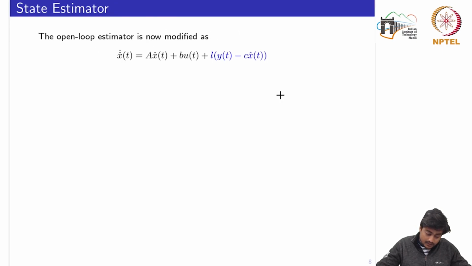So now we will modify that open loop estimator by introducing this term. This state equation we had already seen, which is the open loop estimator. Now in this open loop estimator I added this term where I have introduced a vector L multiplied by the output signal minus y hat, which is C x hat.